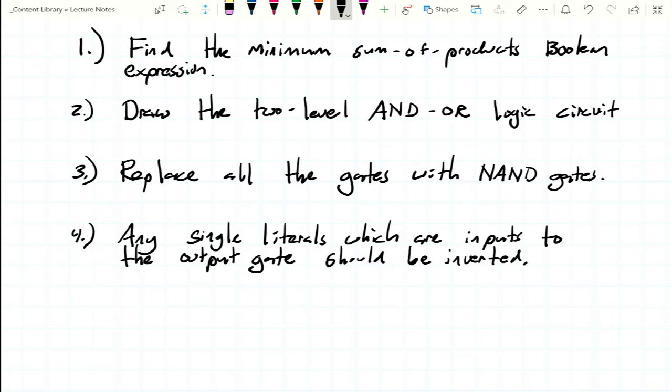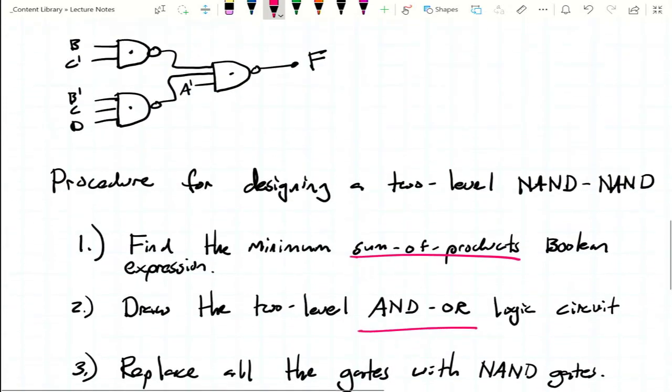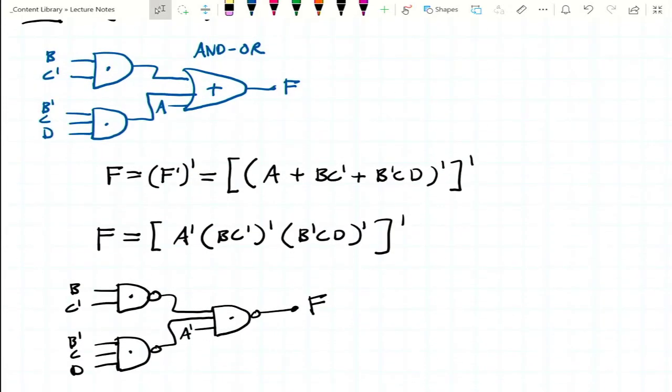So, step 1, find the minimum sum of products Boolean expression, and it's important, it has to be the sum of products one, or else it doesn't work out to get you NAND gates. Then draw the two-level AND-OR circuit. Then replace all the gates with NAND gates. And then this last step, any single literals which are inputs to the output gate should be inverted. If we go back and look at our two diagrams, it's exactly what we did here.